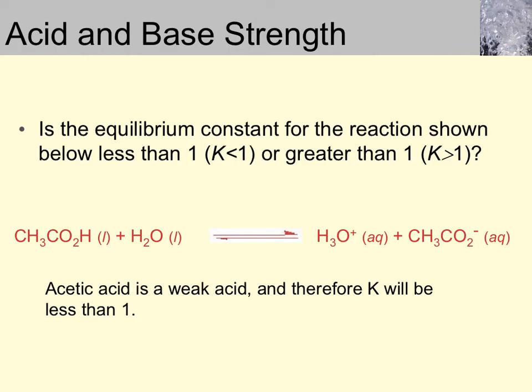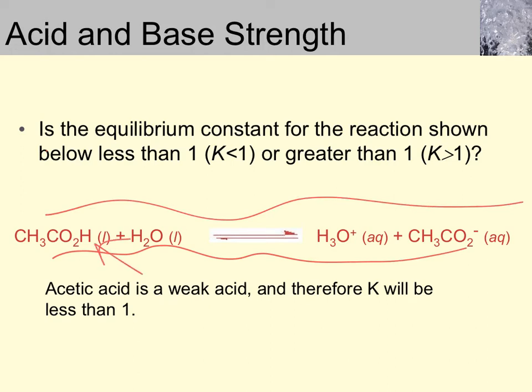So if I asked you a question, let's look at this reaction. This happens to be acetic acid, which is a weak acid. It's not one of the 7 strong ones. If I showed you that, told you it was a weak acid, and asked you if the acid equilibrium constant would be less than 1 or greater than 1, would you be able to answer that?